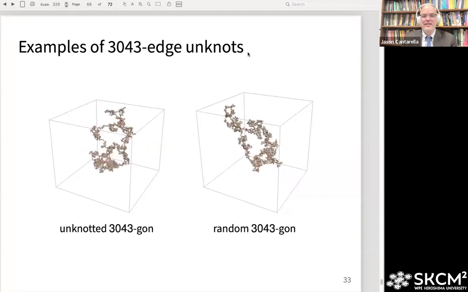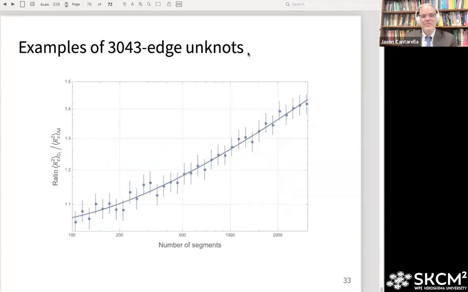You can see that, okay, they look bigger. And if you measure the average radius of gyration over 600 polymer ensembles, they do seem to be scaling. They do seem to be growing faster than the baseline distribution of radii of gyration. But 600 isn't a large ensemble, and we're only going up to 3,000 edges.